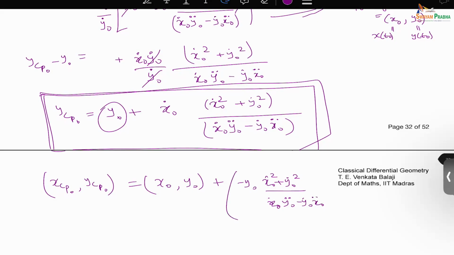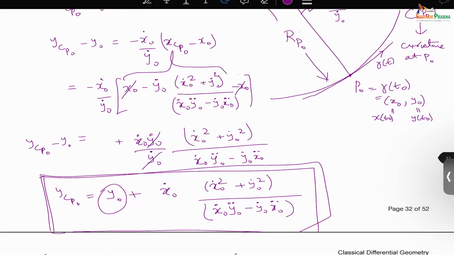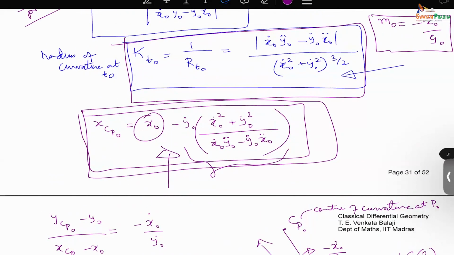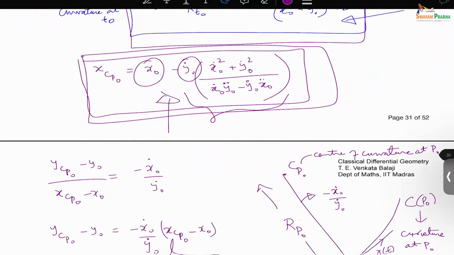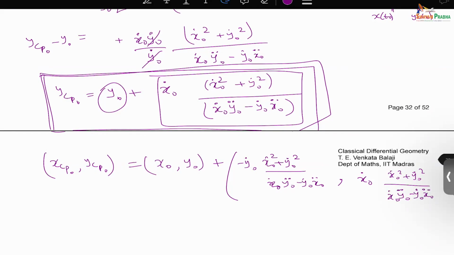This is one term, and the other term will be x naught. I suspect that there is a y naught dot, so let me write it correctly. So here I'll get an x naught dot, that is just this term here that I am writing, x naught dot squared plus y naught dot squared divided by x naught dot y naught double dot minus y naught dot x naught double dot.